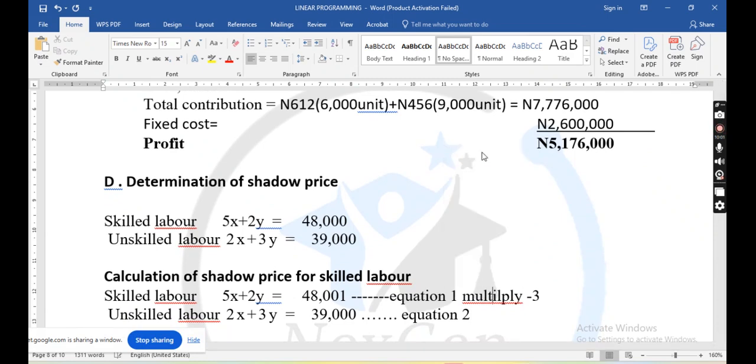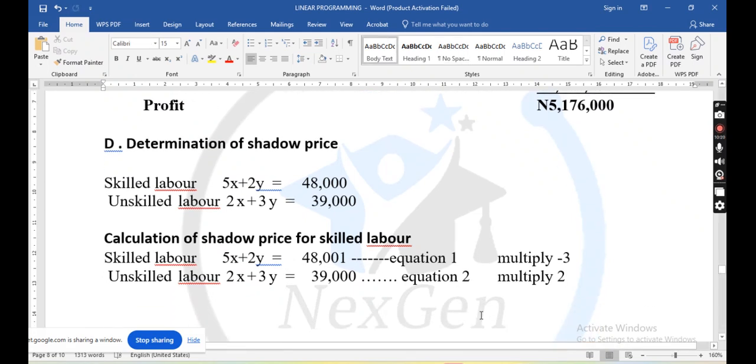Then multiply by plus 3. I want to use the elimination method. So multiply by plus 2, which is 2. So I will use minus 3 to multiply equation 1. Then I will use minus 2 to multiply what? Equation 2.